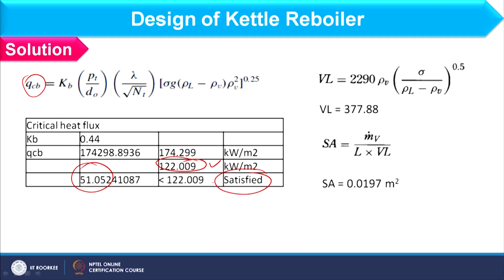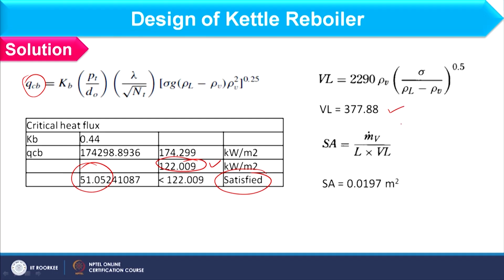Next we have to focus on the shell diameter calculation, and for that we should consider the VL calculation and then SA. VL you can obtain as 377.88, and the segment area you can consider as 0.0197 meter square.